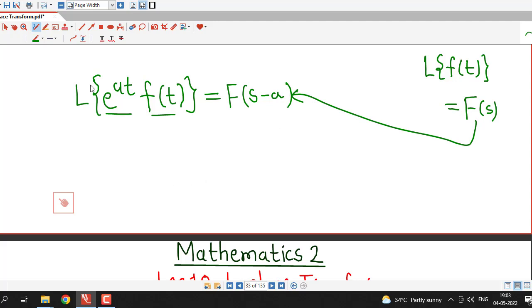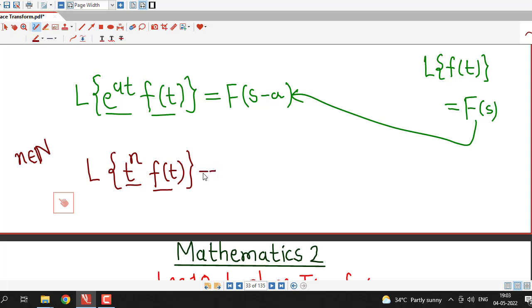of s. Now suppose we have multiplication of given function f of t by some positive power of t. Suppose we want to find out Laplace transform of function f of t which is multiplied by t to the power n, where n is a natural number.